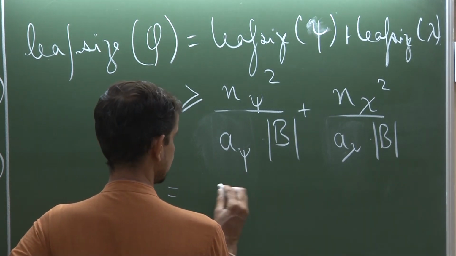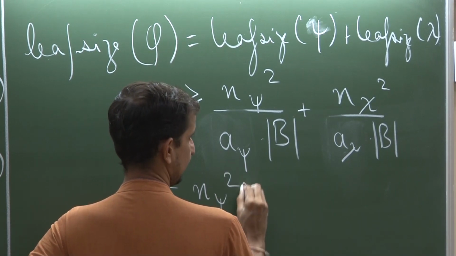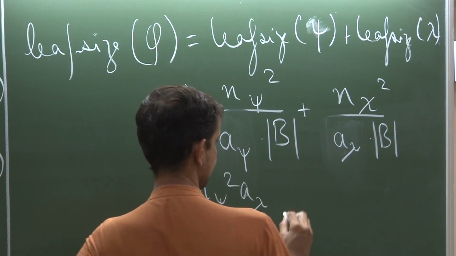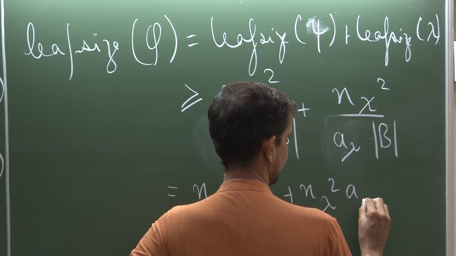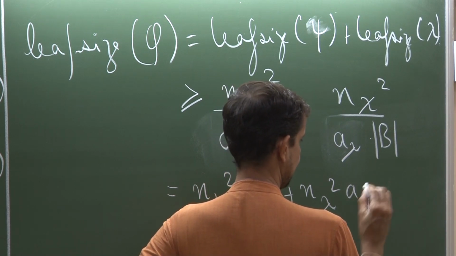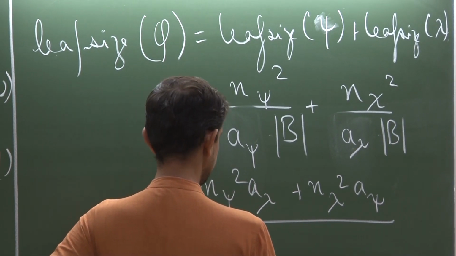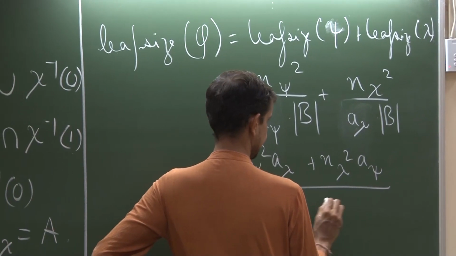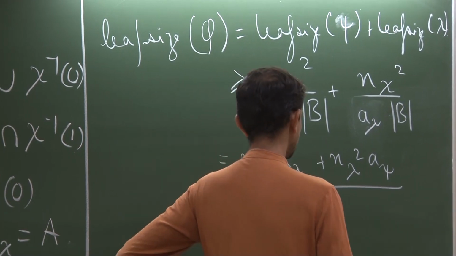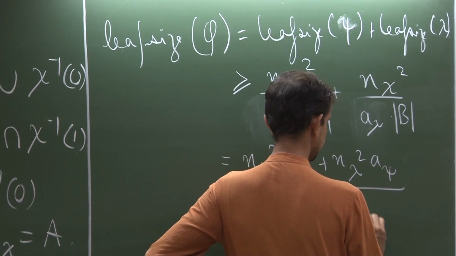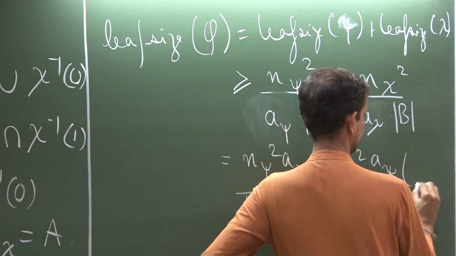If we expand this out, we get n_psi square a_chi plus n_chi square a_psi divided by size of B times a_psi times a_chi, and let me also multiply both numerator and denominator with a_psi plus a_chi.